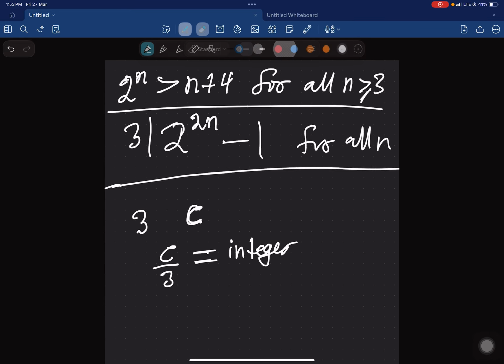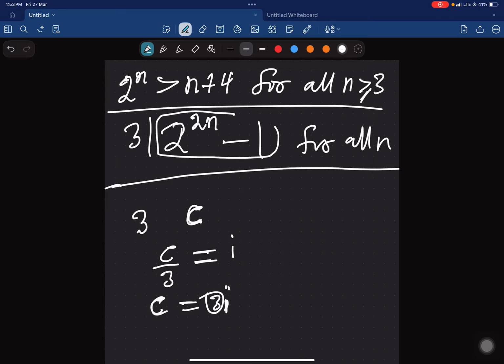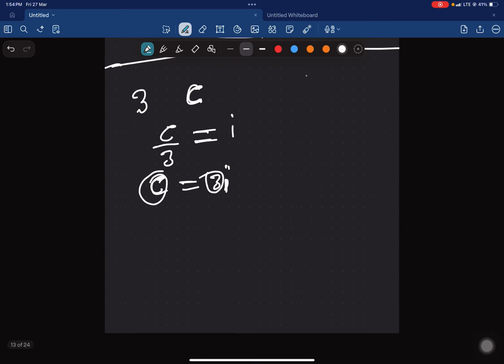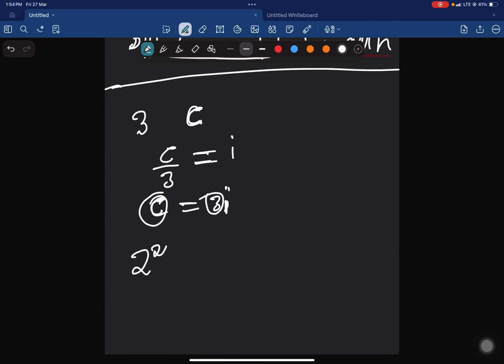So let's call this integer i. That tells us C is equal to 3i. The i is an integer, the C is also an integer, and obviously 3 is an integer. So it means that 3 is able to divide this whole expression, which evaluates to a particular number C as 3i. So we can say that 2 to the power 2n minus 1 is equal to 3i.